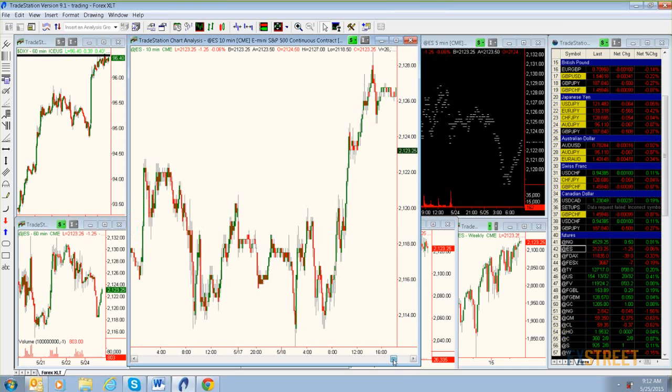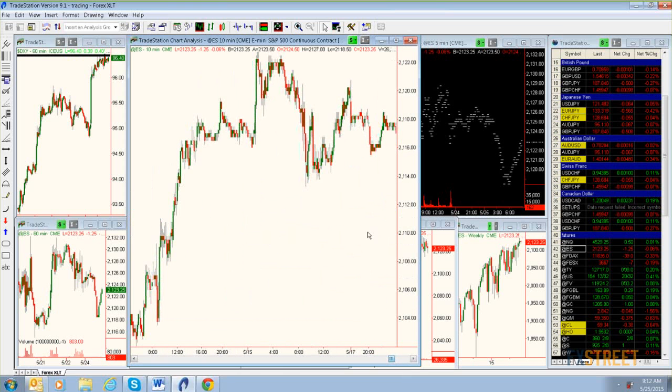So let's go below 2113. Now when we look down, here's more price action right here, 2112. So this area right here is something we would look at. And again, this would just be for a short-term bounce. A trade you're in and out of in just minutes, maybe less.